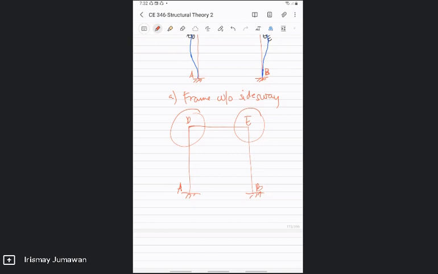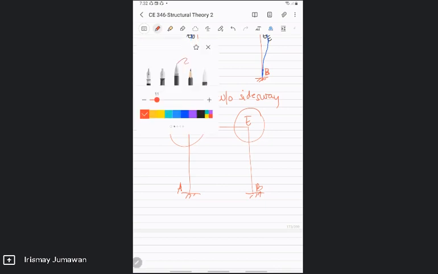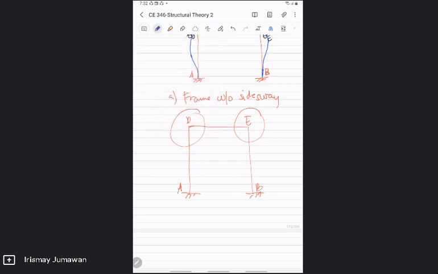So if we will draw again the elastic curve, it can translate.